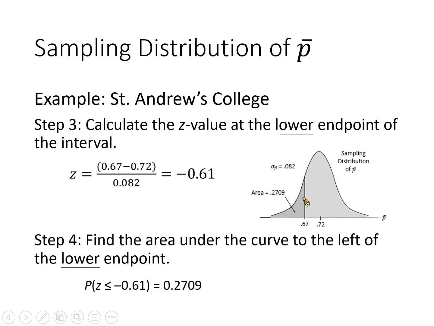So you find the proportion that is less than 0.67. The probability that z is less than or equal to negative 0.61 is 0.2709.